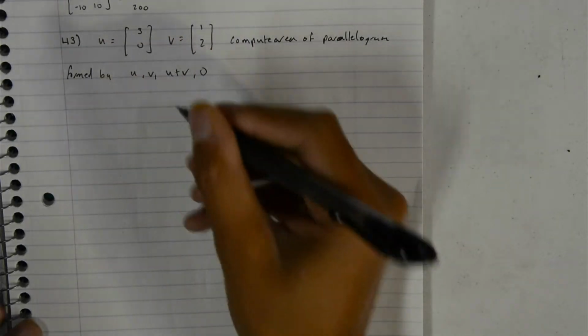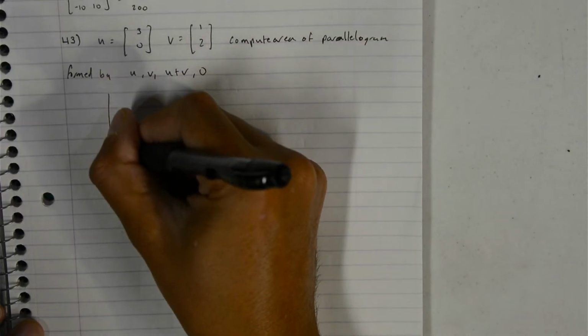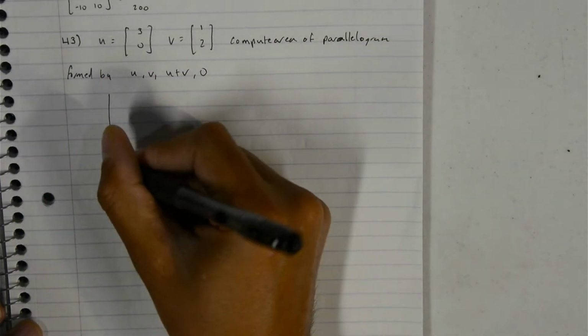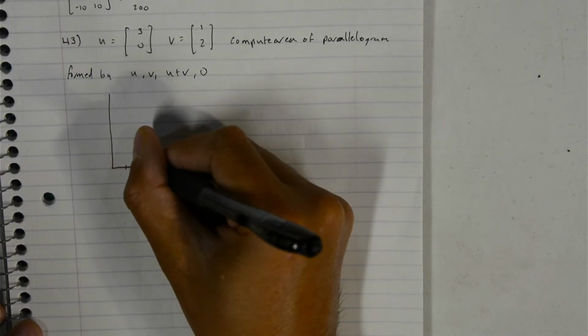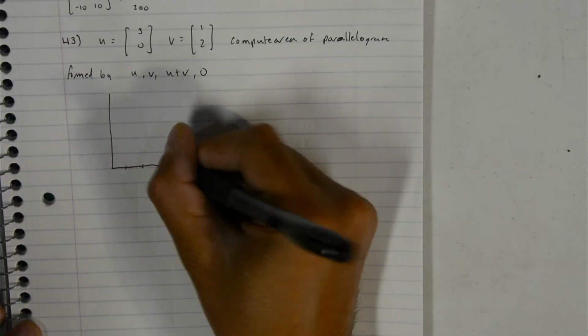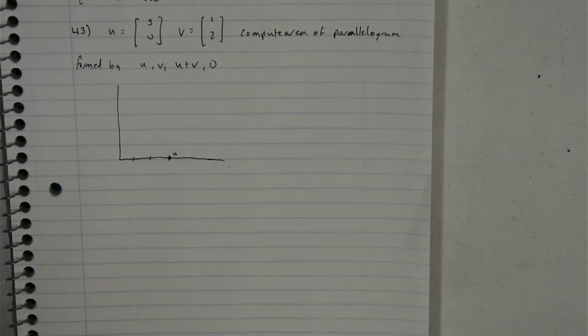All right, so let me just do this. Okay, so we have 1, 2, 3. So this is U. Can you see that? It's a little small.